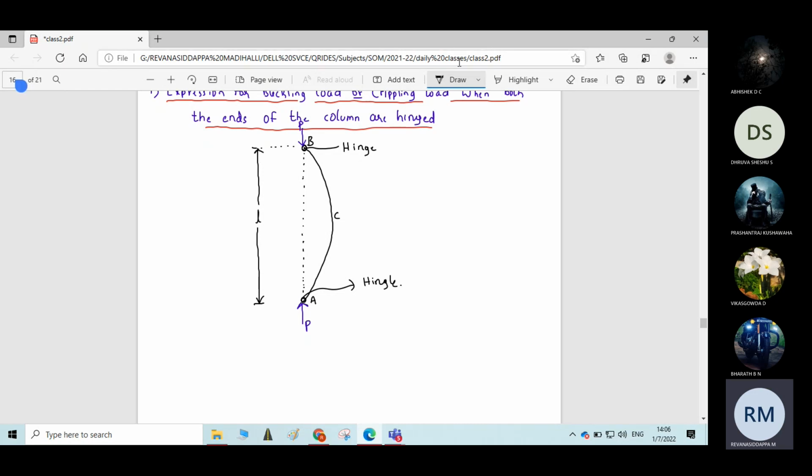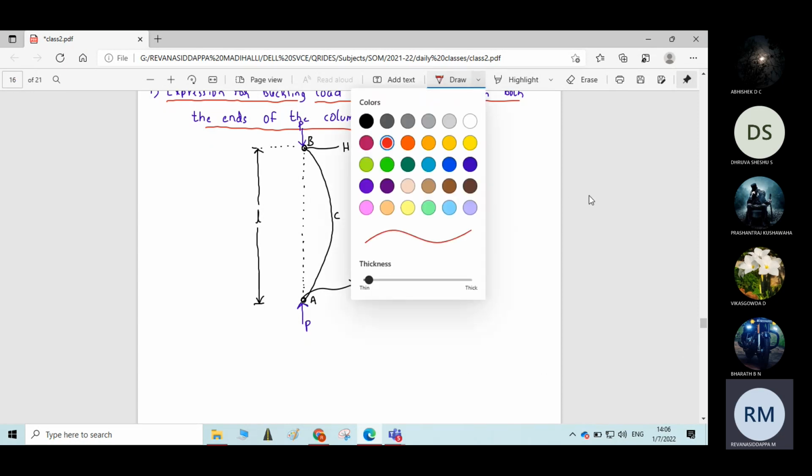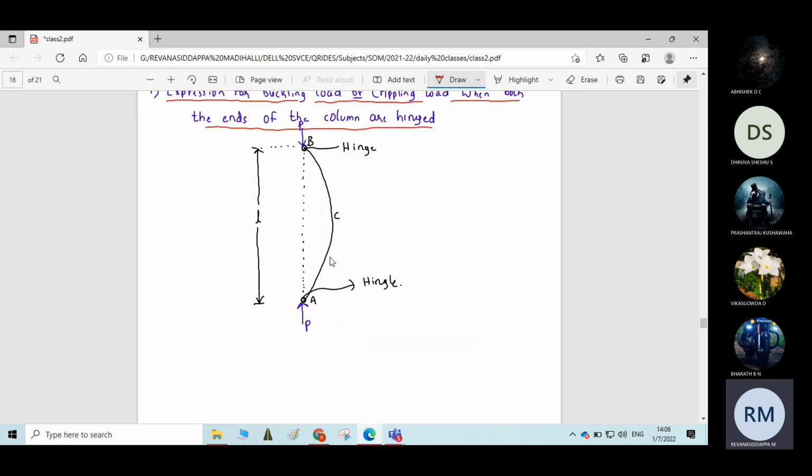Now, for derivation purpose, consider a section of the column at a distance x from support A.